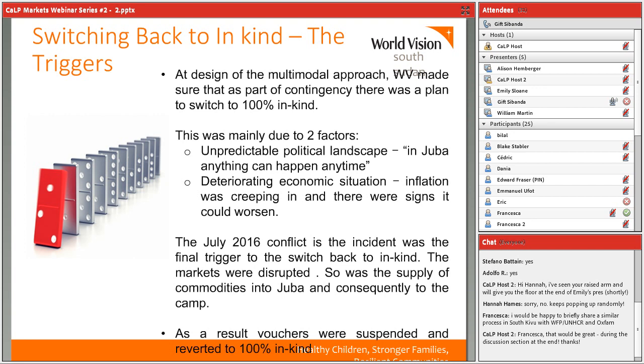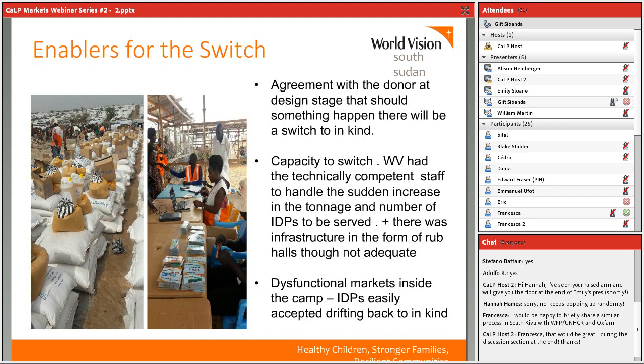The July 2016 conflict was a kind of internal conflict where markets were disrupted and the routes were closed because of those 5 days of war. So we had to revert back, and as a result, a decision was taken together with the donor and the beneficiaries that the vouchers be suspended, and we move back to 100% in kind.